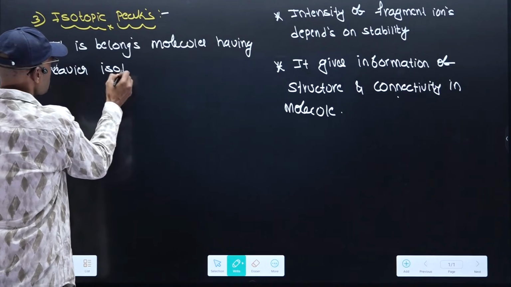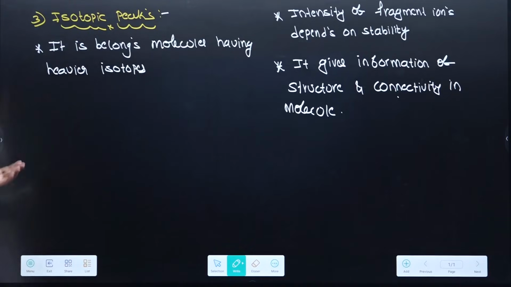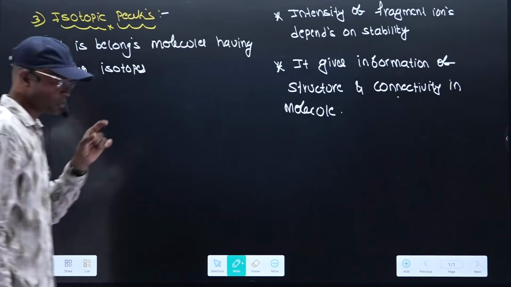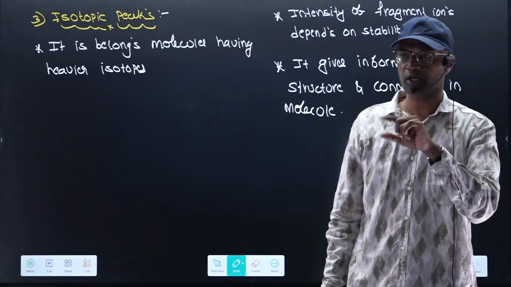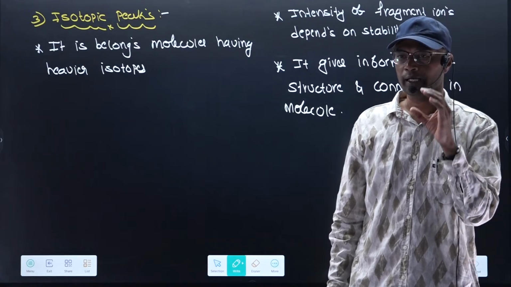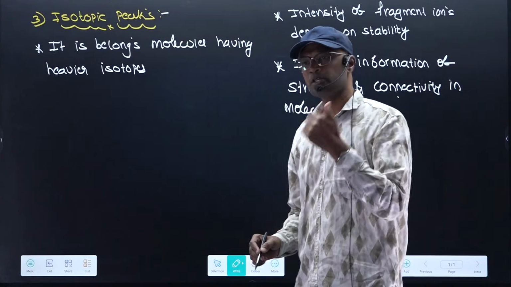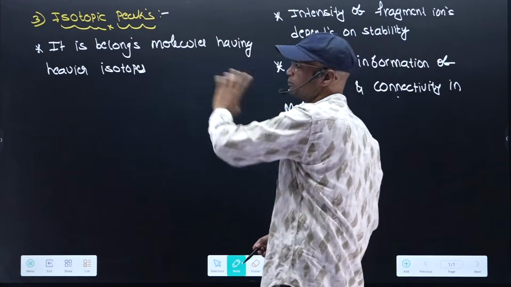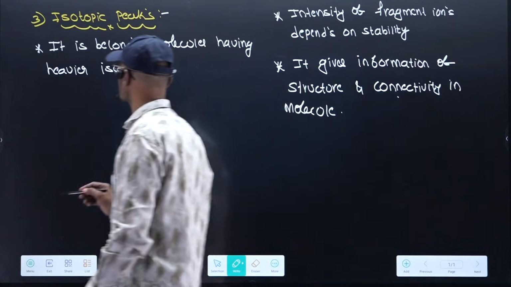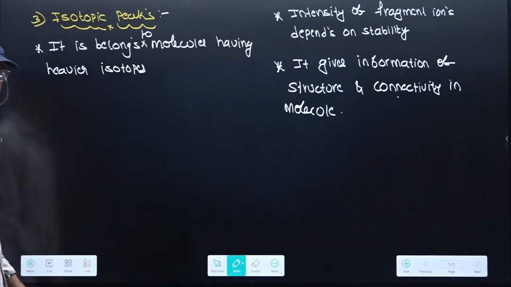If any heavier isotopes are present, they are going to be represented. If there is no heavier isotope, there is no isotopic peak. Suppose a lighter isotope is present, as already explained, lighter isotope versus heavier isotope, then there is no isotopic peak. Only if a heavier isotope is present are isotopic peaks represented.